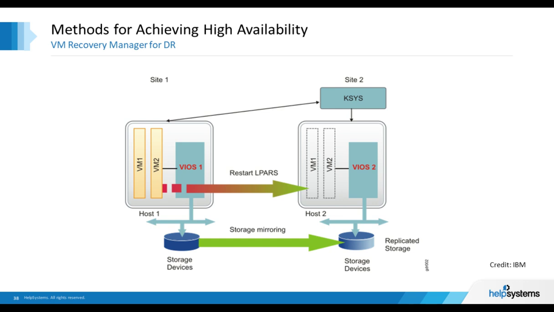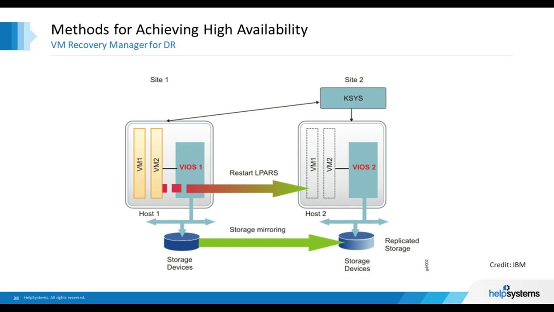Very similar looking slide here, but VM Recovery Manager for DR is a relatively new name for GDR, Geographically Dispersed Resiliency. It's quite a mouthful. And note, in this diagram, there are two replicated or mirrored storage devices. It's based on replication of VMs to a remote location. The disaster recovery server is inactive until the replicated VMs are restarted on it.